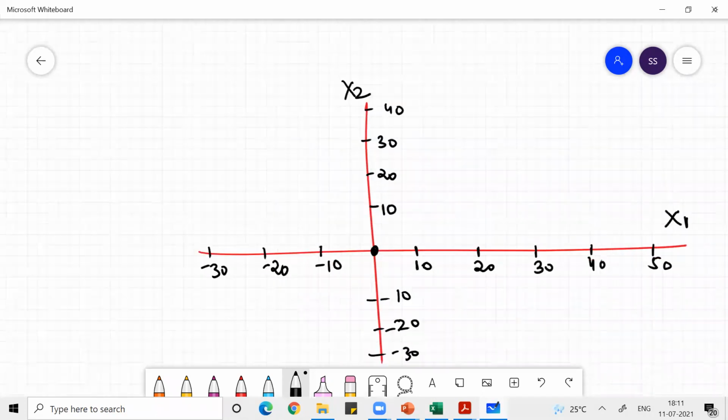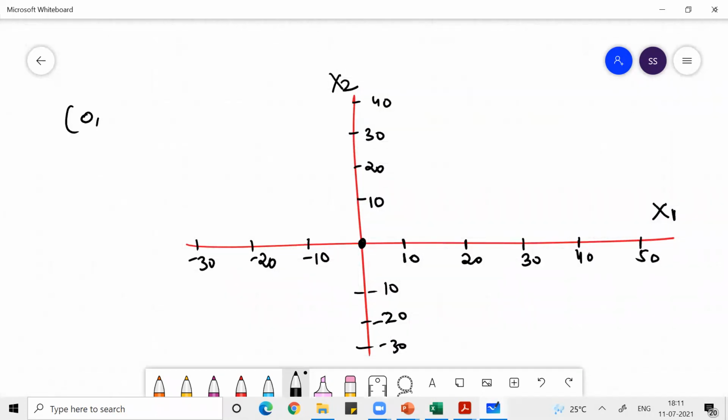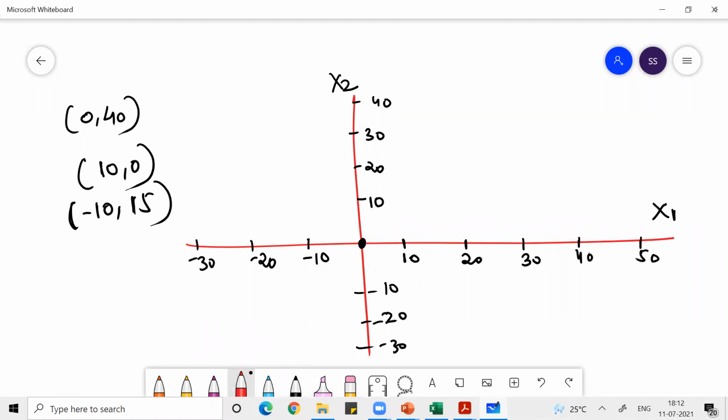So suppose you get a coordinate like 0, 40 or 10, 0, or minus 10, 15, anything. Guys, please understand, when I write 0, 40, the first variable you write is your x1 coordinate.